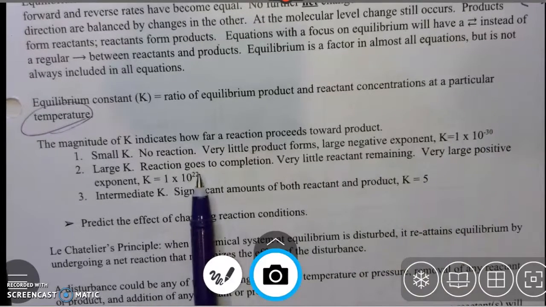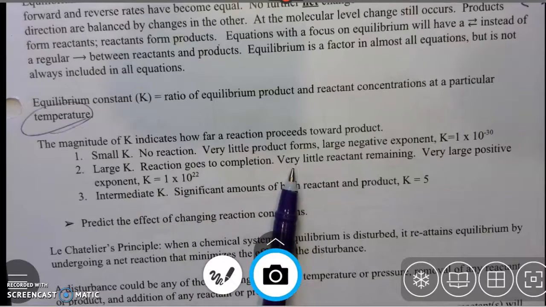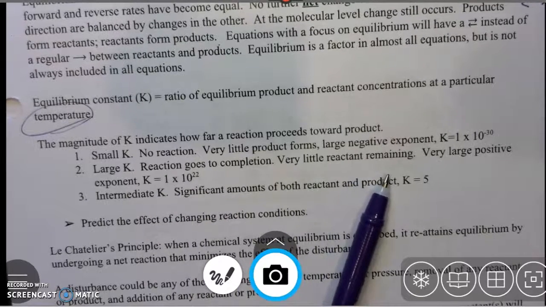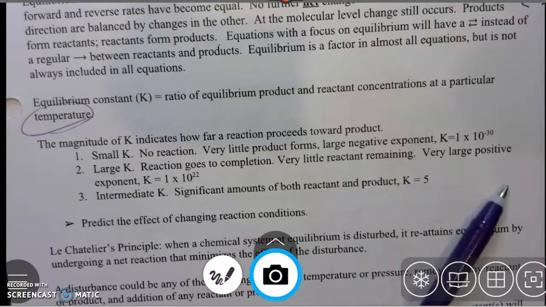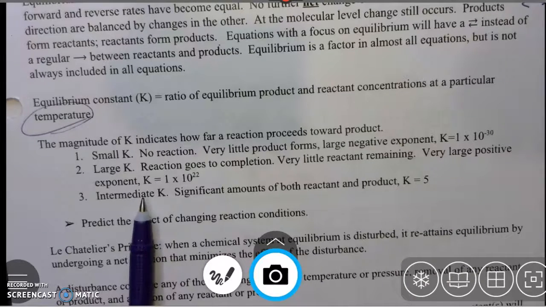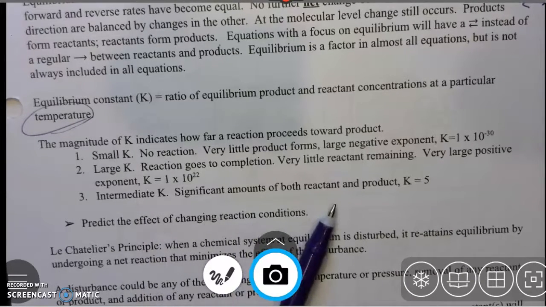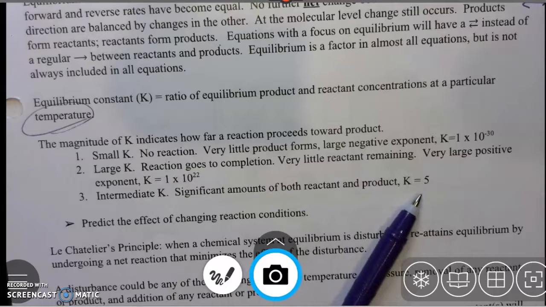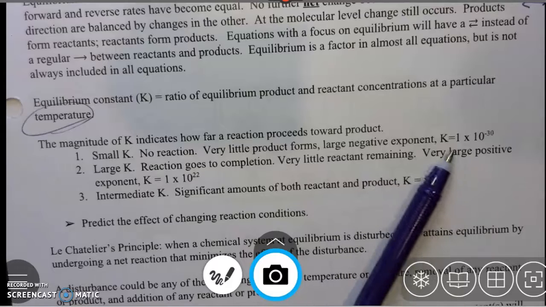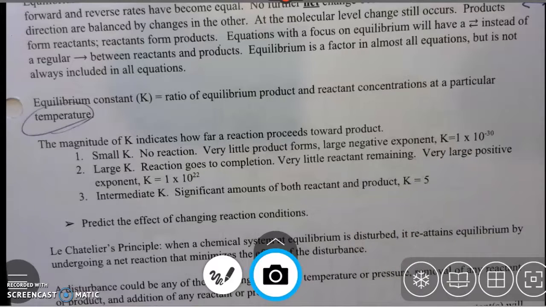If a large K, reactions go to completion, there's very little reactant remaining, and they can have the opposite magnitude, very large positives. And then there's the ones that are in the intermediate. So you have significant amounts of both reactants and products, and this could be plus or minus 5, and again, even some of your lower numbers like 10 to the negative 8th is still significant.